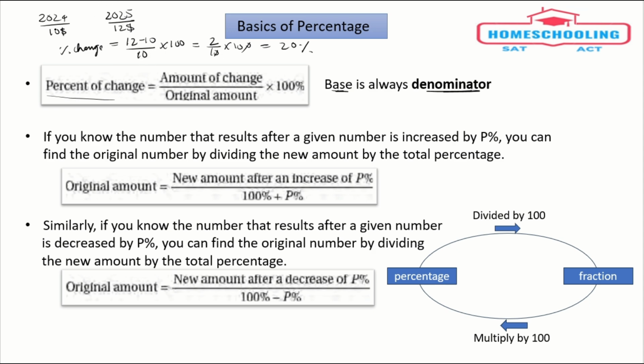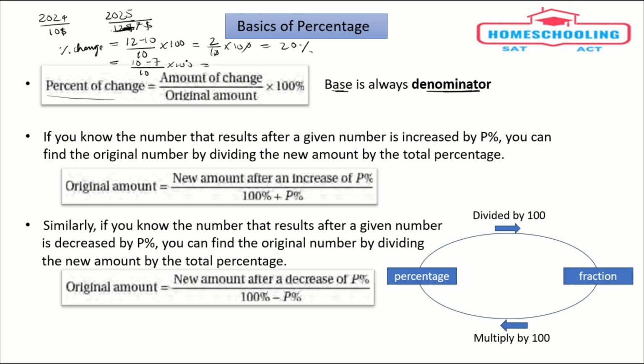Similarly, it can be a reduction. Let's take 2024, when it was $10, but in 2025, because of a reduction in sales, they reduced the price to $7. What would be the percentage of change? That would be 10 minus 7, the amount of change, divided by the original amount 10, into 100.